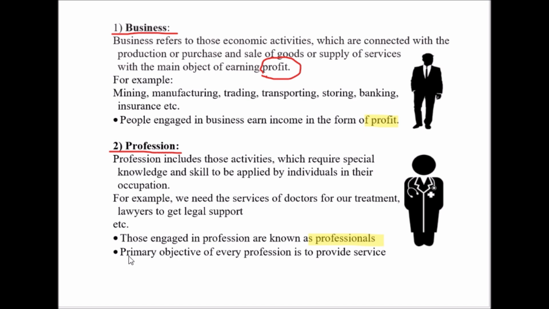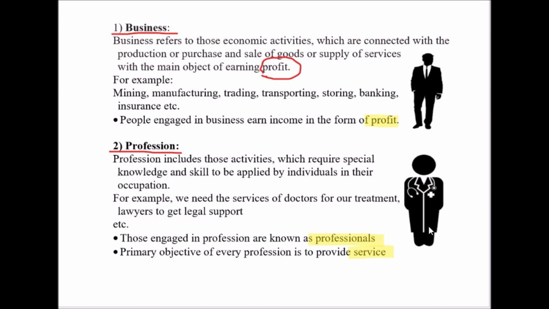And you should know the primary objective of every profession is to provide service. So their main aim is not to earn profit like we did for business. Their main aim is to provide services. For example, the main objective of a doctor is not that he is going to delay the treatment of his patient and as a result earn more fee.